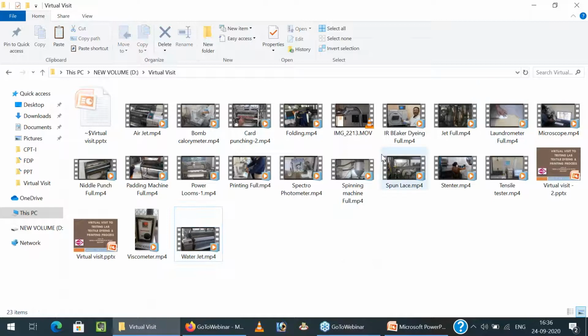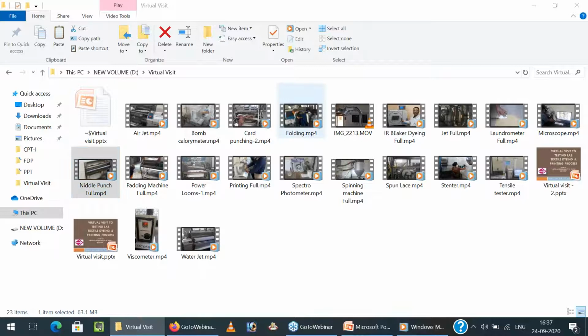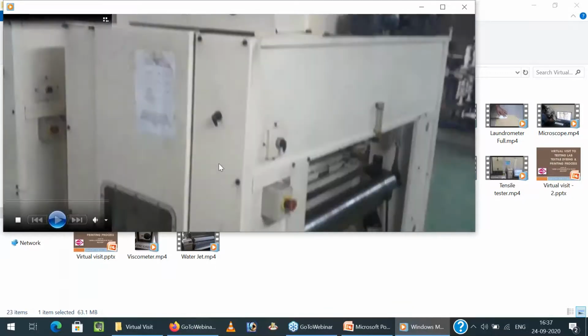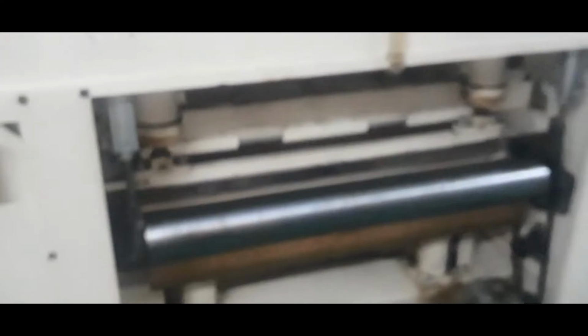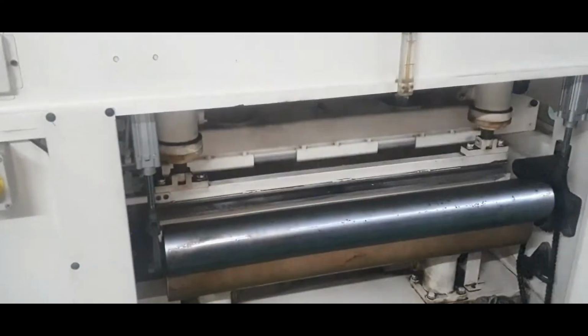So the first one is called needle punch. In the needle punch technique, the web of fibers is spread from the carding machine.